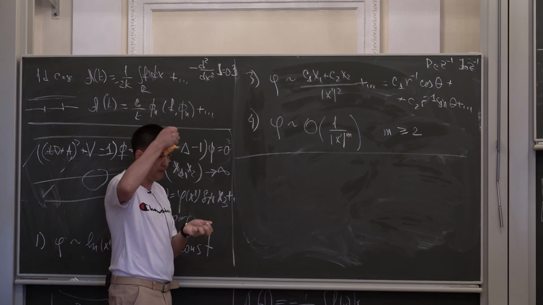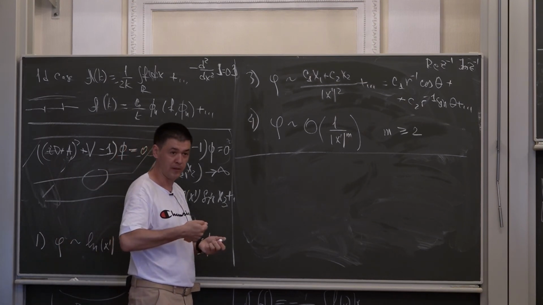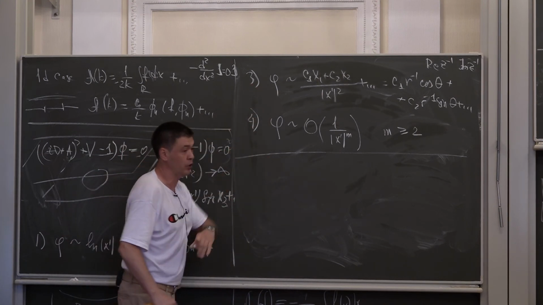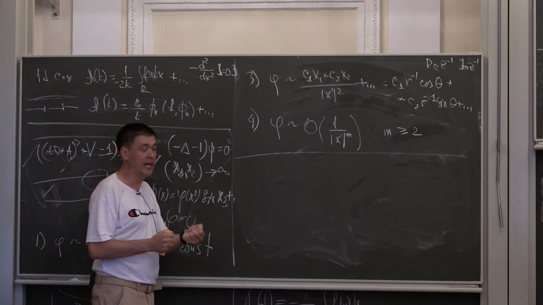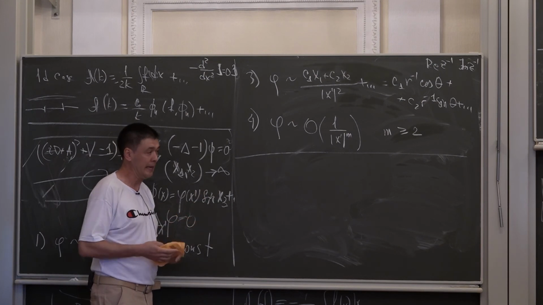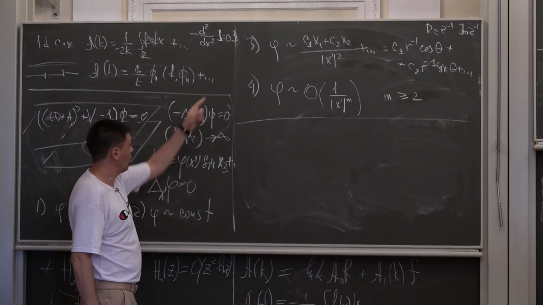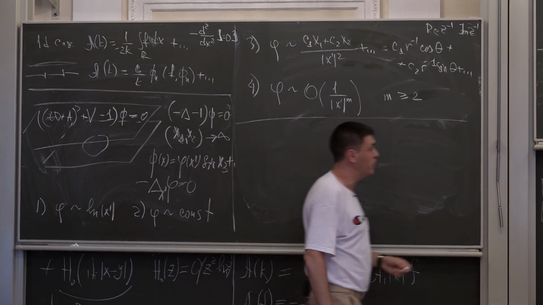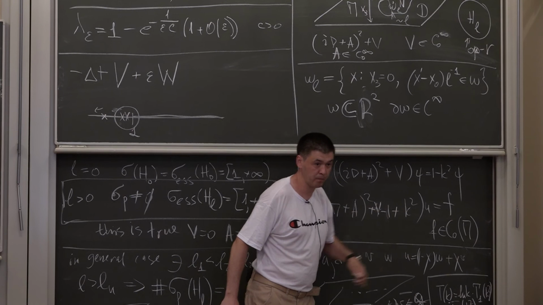So it means that at the bottom of the essential spectrum, we have an embedded eigenvalue. The second case and the third case correspond to the real virtual level. So we have something at the bottom, and this something is not an eigenvalue. This is exactly a virtual level. Then the next question, which of these solutions will appear in this function u?